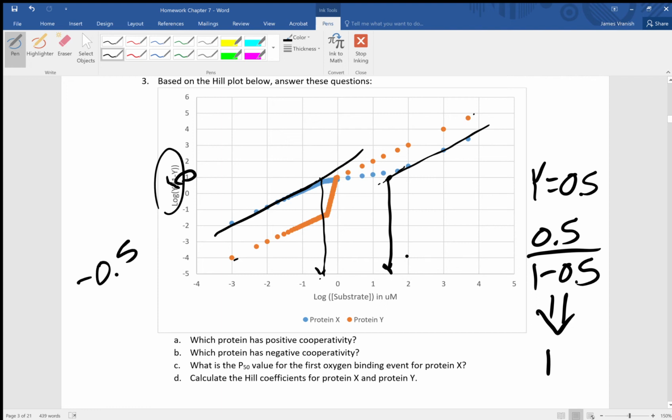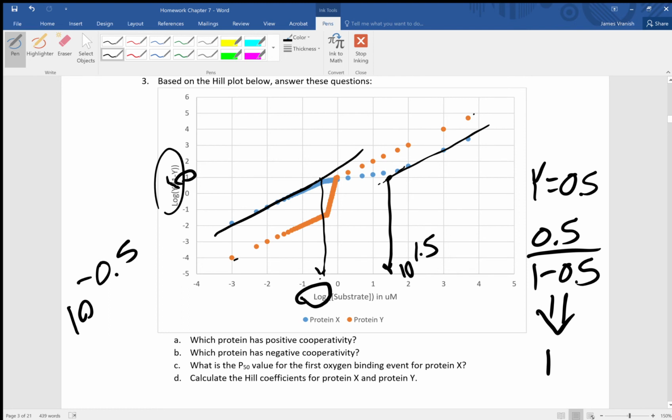Here at the topmost portion of the curve, we have an x value of about, we'll say, 1.5. Keep in mind, these are log values, so in order to undo a log, we have to do 10 to that power. For the bottom part, we'd have 10 to the negative 1/2 power. For the top part, it'd be 10 to the 1.5 power.